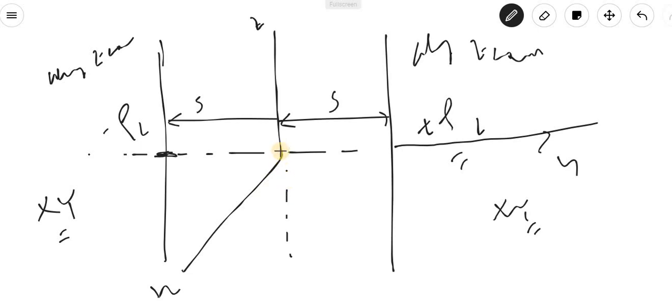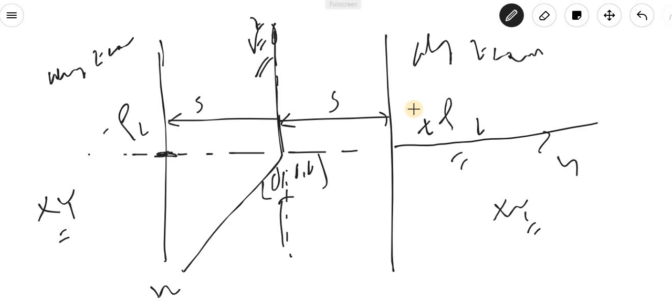These are with respect to the origin, symmetrically positioned. From the method of images we studied, for this rho L and this minus rho L along the z-axis, the potential will be V equal to 0. That means the z-axis is equipotential.